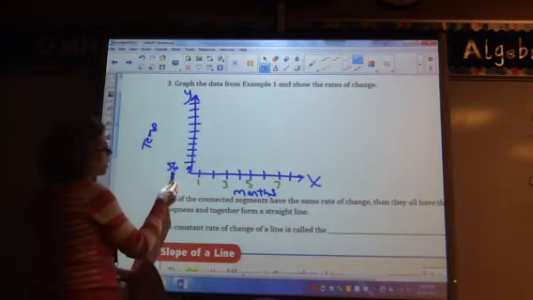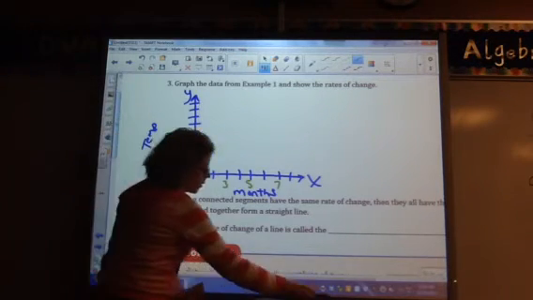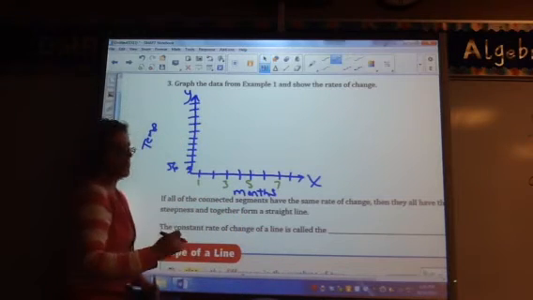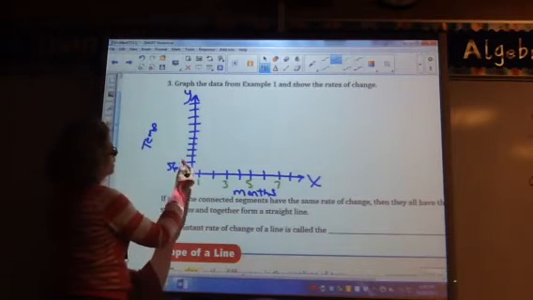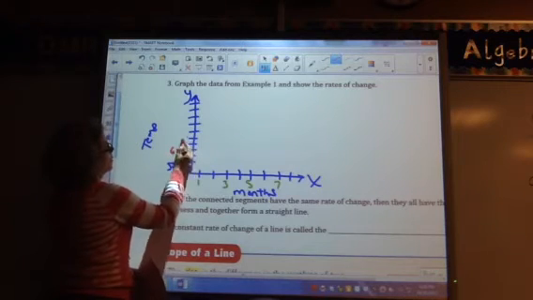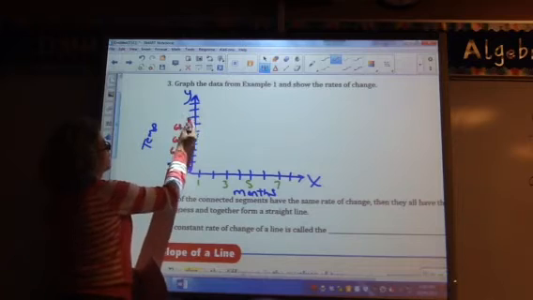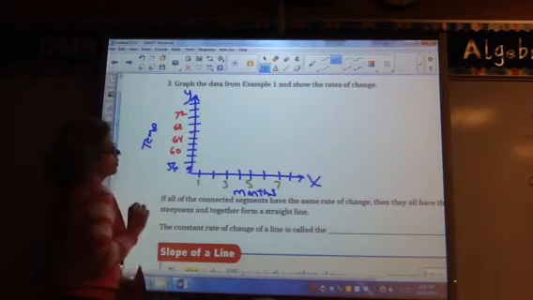So each tick line is going to represent 2, but I'm going to label every other tick line to keep it balanced. So 56, 58, 60, 62, 64, 66, 68, 70, 72.